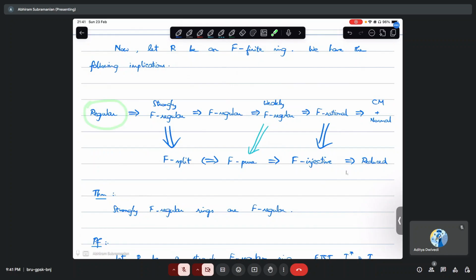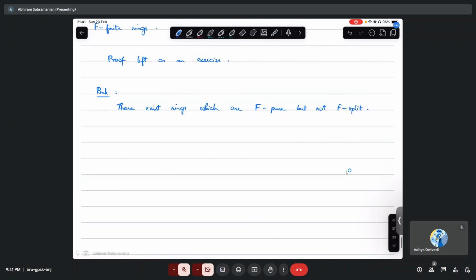So you may ask whether there are any relations between these rings and the other set of implications that we have seen before.